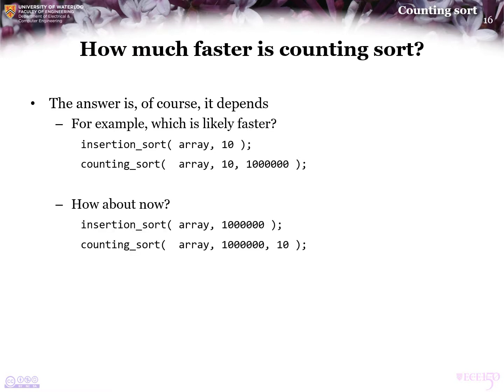On the other hand, if you tried to call insertion sort on an array of capacity 1,000,000, you would find it would actually take on the order of about a day to sort that array. That's a lot of time.